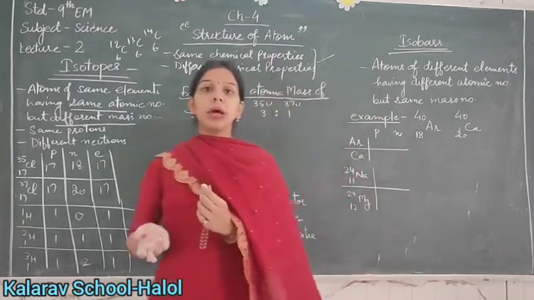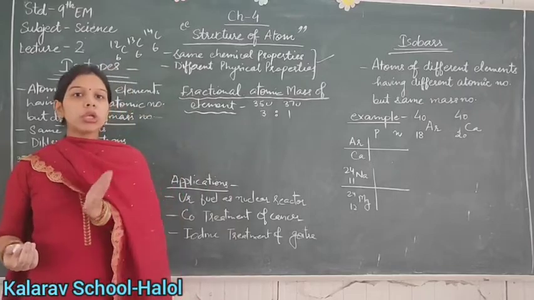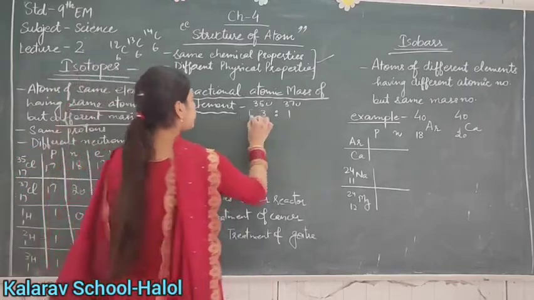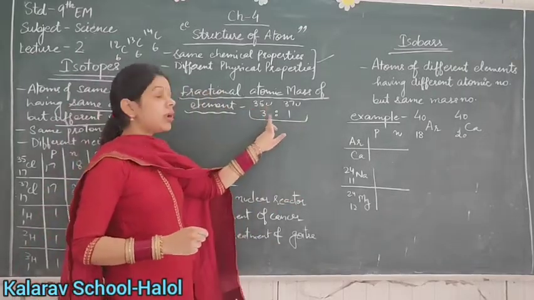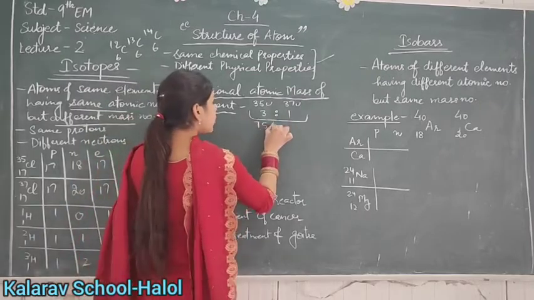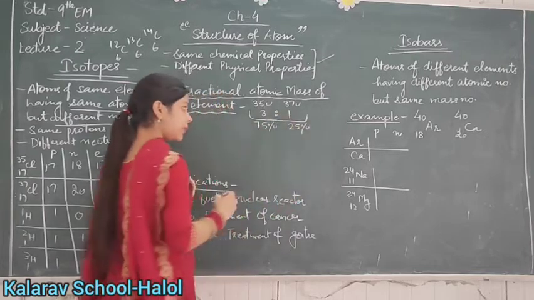As you saw in the previous lecture, we used 35.5 for chlorine as the atomic mass. But how is it calculated? I will show it here. For chlorine, 35U and 37U are present in the ratio 3 to 1. What does it mean? 35U is 75% and 37U is 25%.